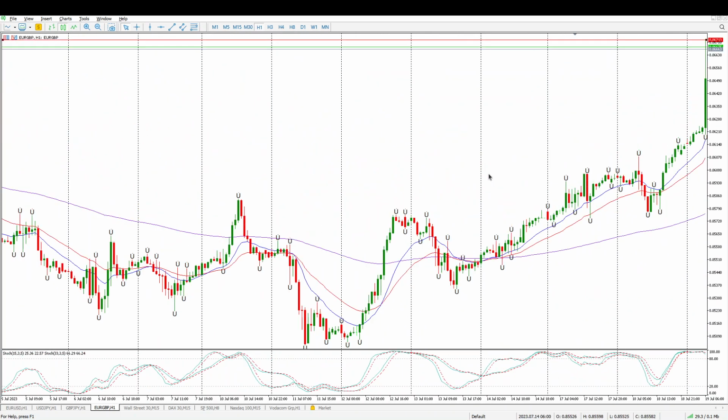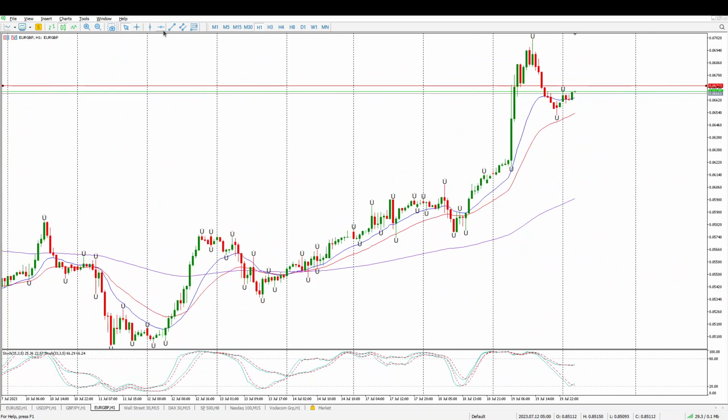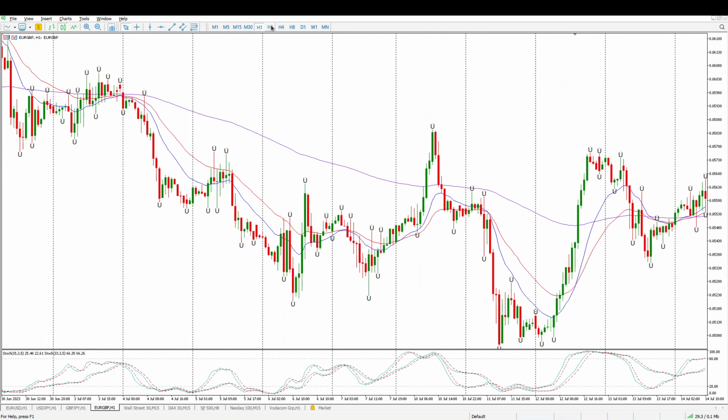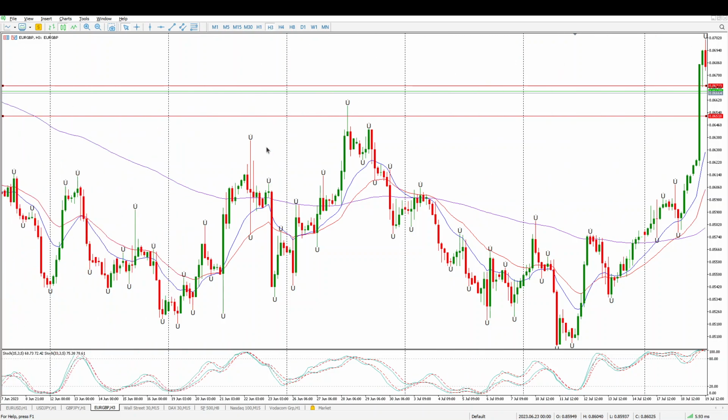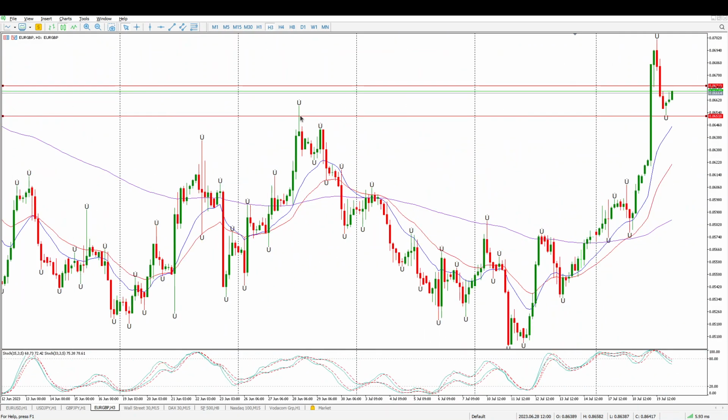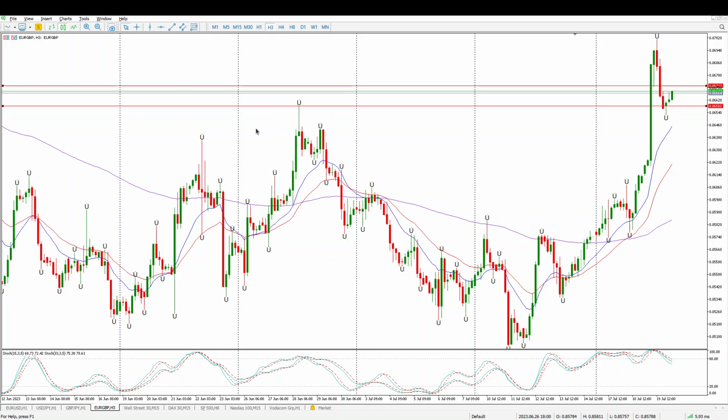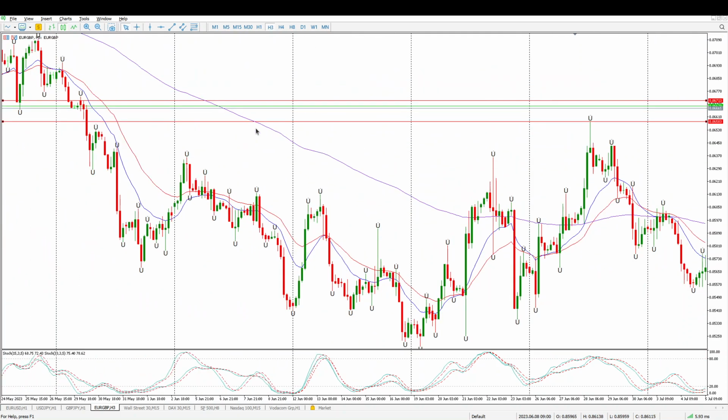Let me just do this. So I'm going to take that swing low there, and let's just pick a little bit of a higher time frame. So that would be a level there, and that's not something which is clear cut, and I'm just going to pick up that level there.